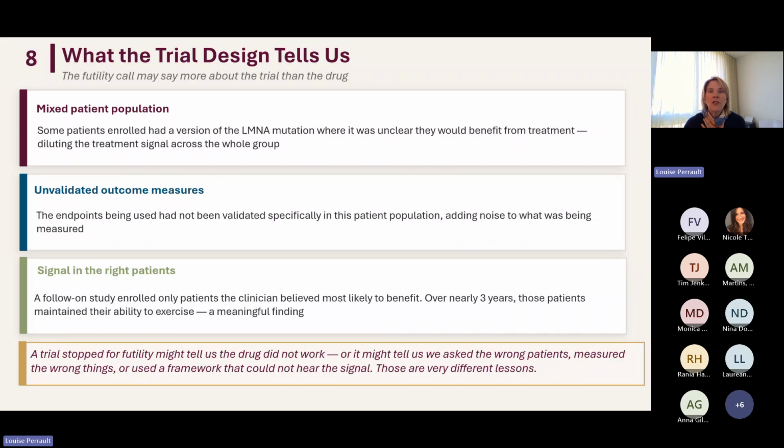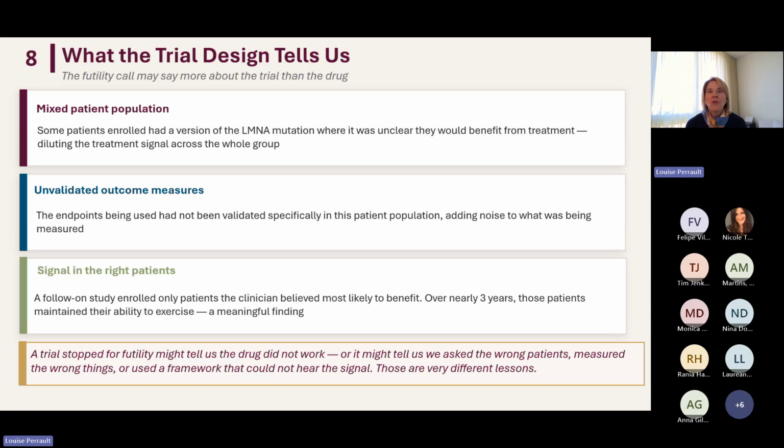The paper points to something important about this specific case. Looking back at the phase 3 trial, there are reasons to think the futility call may have had less to do with the drug and more to do with the trial design itself.